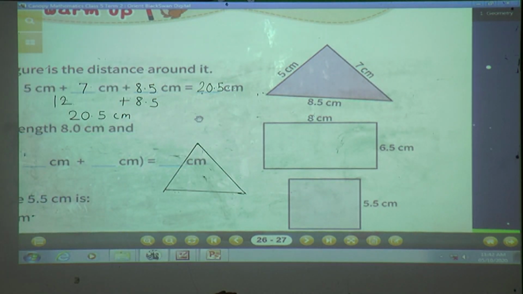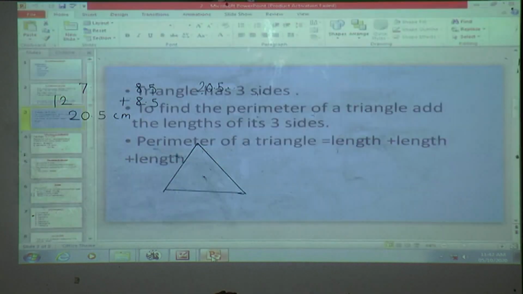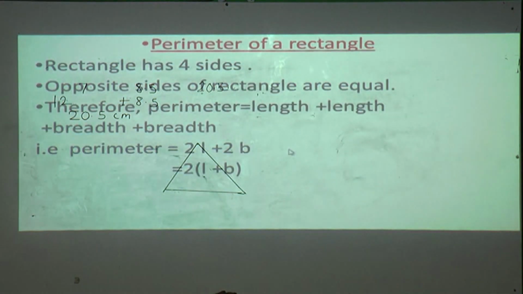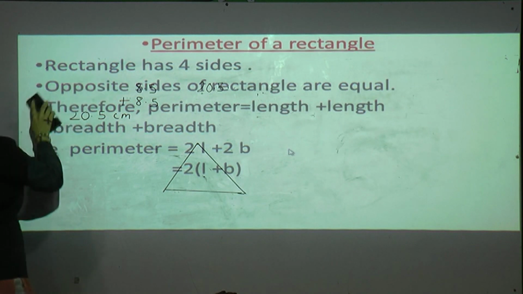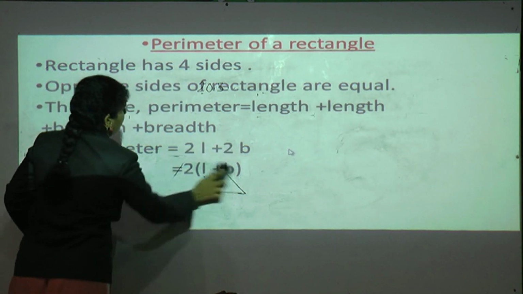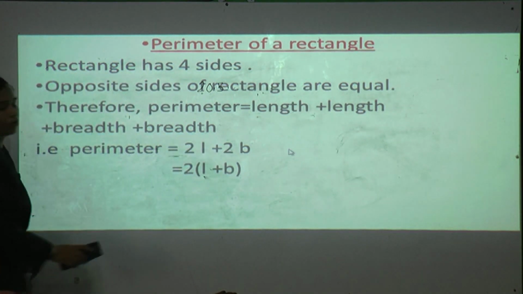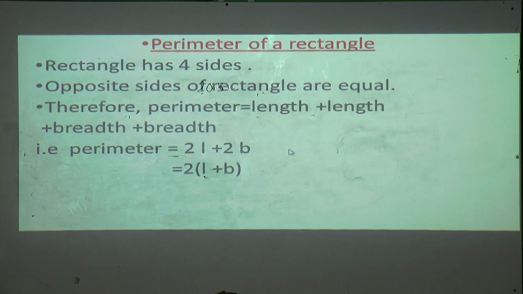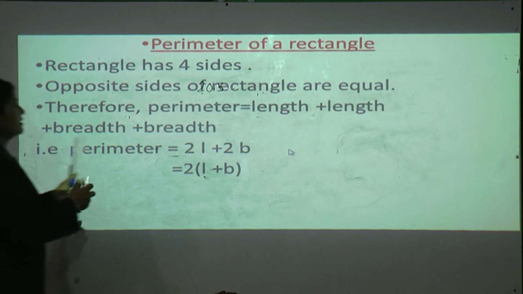Now we will see the next one. Perimeter of a rectangle. All of you know a rectangle has 4 sides, like this.